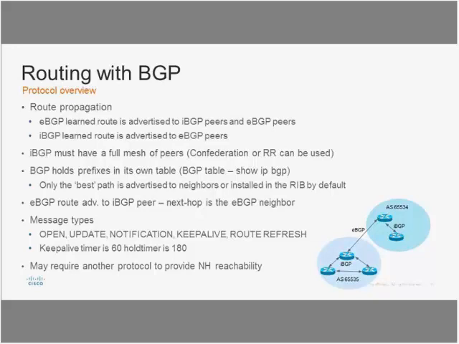Notification is when you receive an error from the remote peer. When you receive some information that your router cannot understand, you send a notification saying, I don't understand this information and I need to drop the session, or do XYZ action based on what needs to be done.